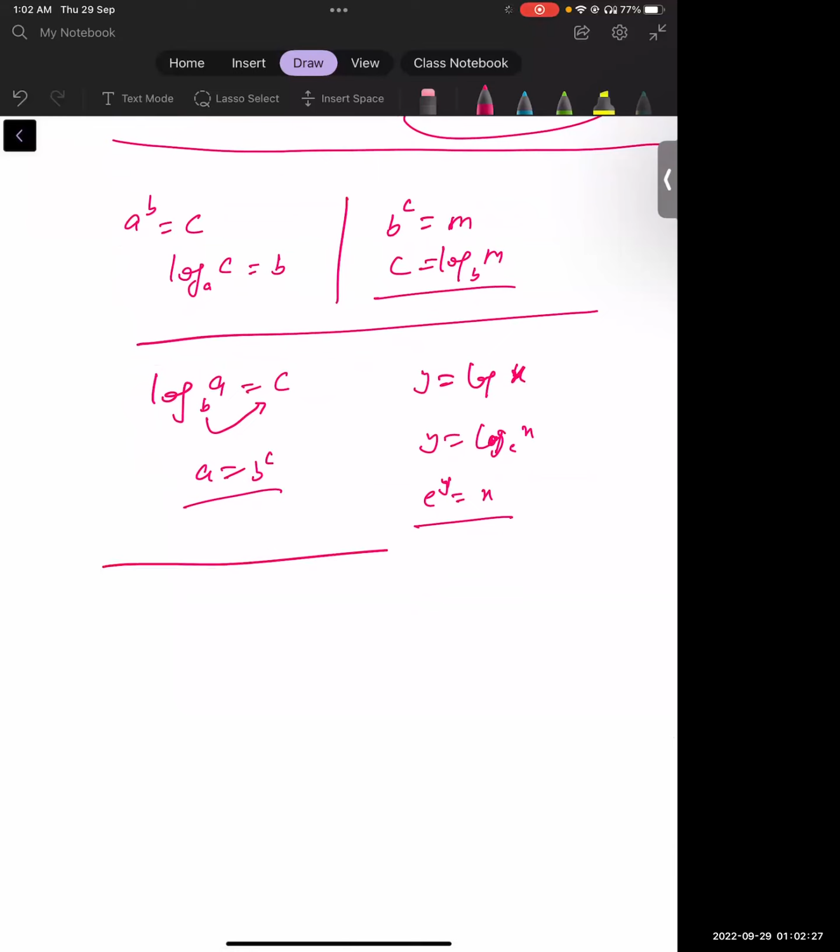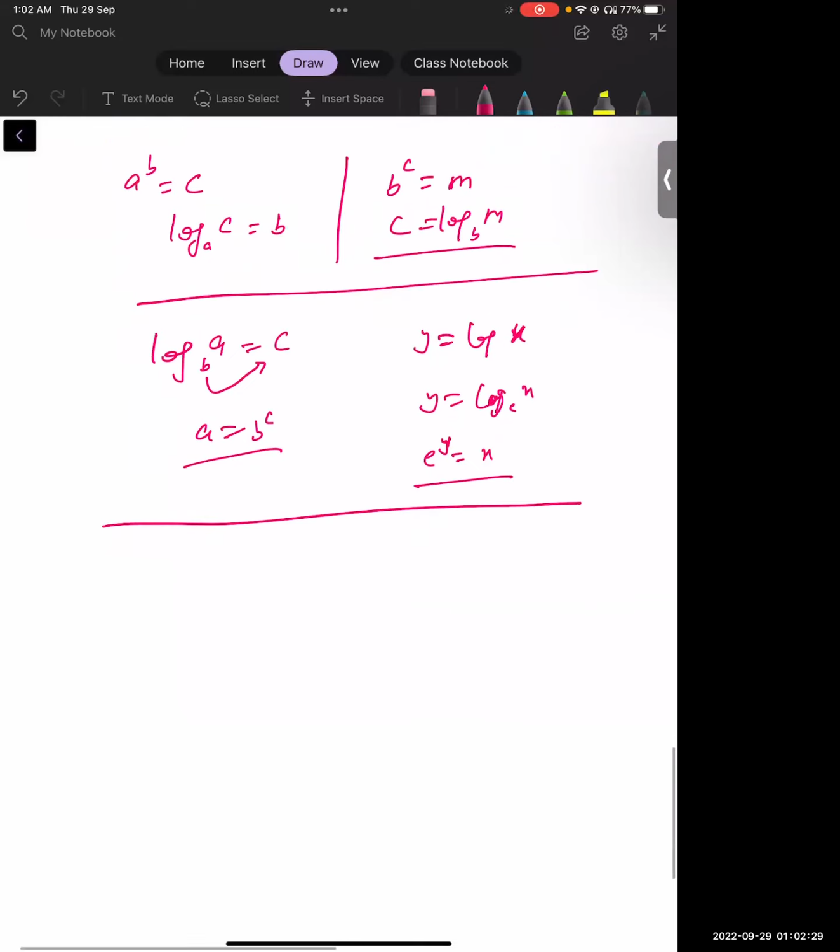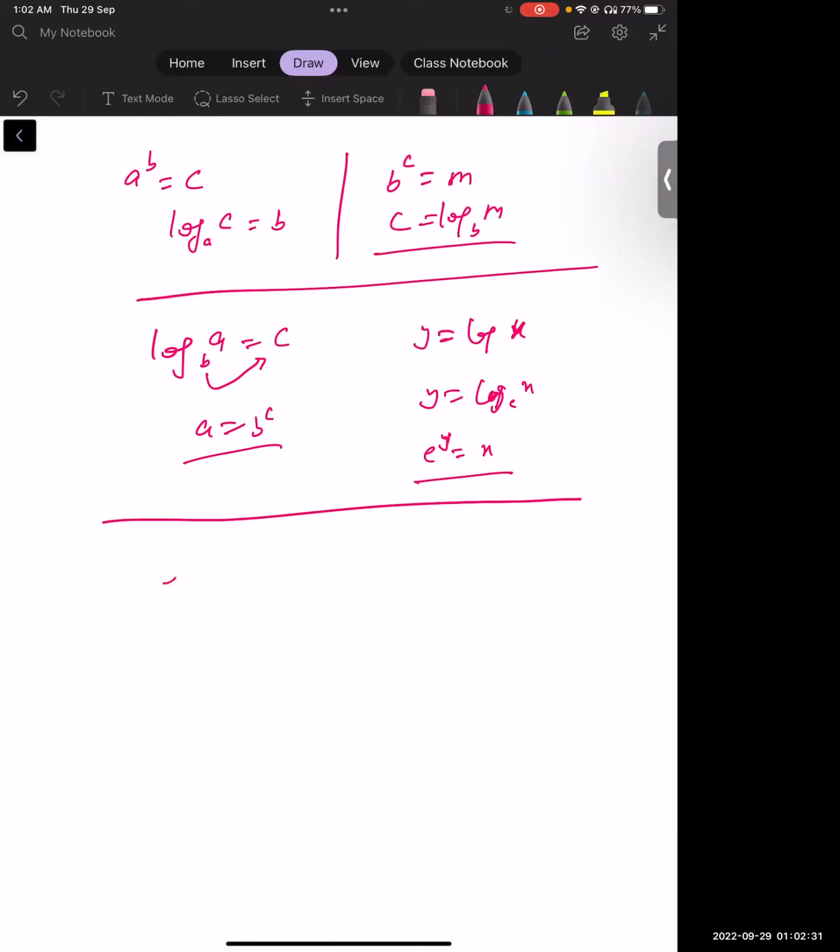Listen very carefully. This you may not know. You know e to the power log x to the base e, what will the answer be?